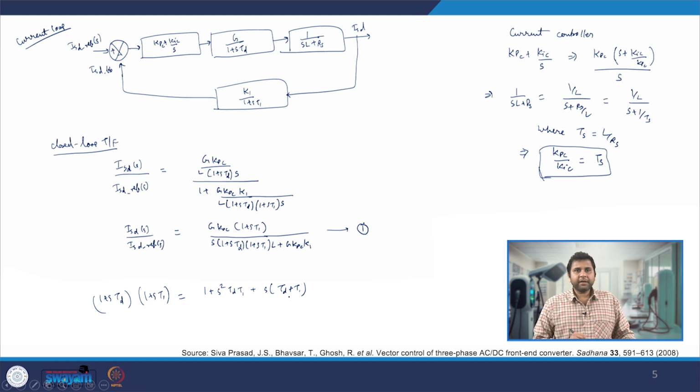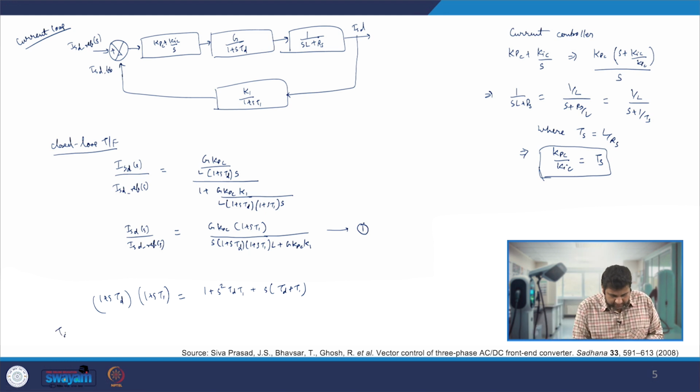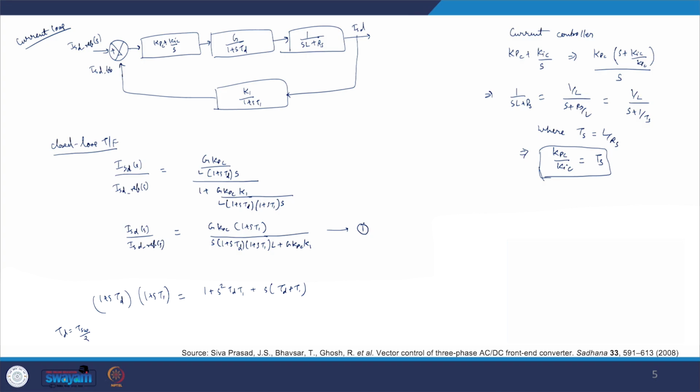Now if you look very carefully, this Td is nothing but T switching by 2, where T switching is the switching period or the carrier period, and my T1 corresponds to the bandwidth of the current sensor.